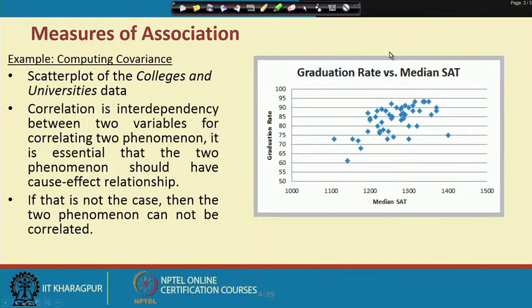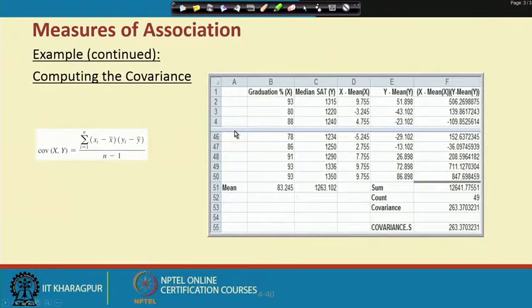A plot sometimes gives you an idea about whether there is an association or not, but ultimately we need to quantify it. Covariance and correlation are the measurement techniques which give you a quantitative output, which is a better way to address the association.